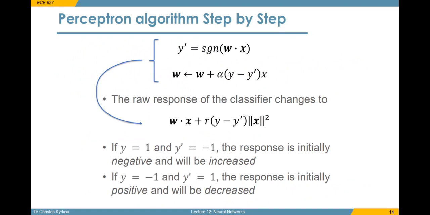So if we add this update process into the raw response of the classifier, we see that the classifier basically is updated by the square of the norm of the vector x of the input.